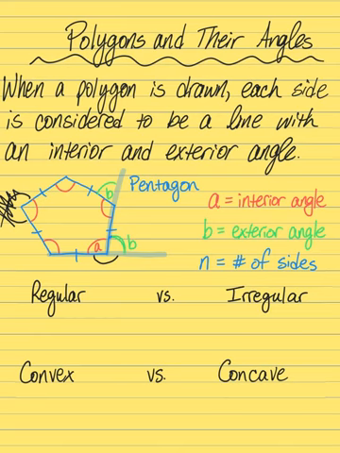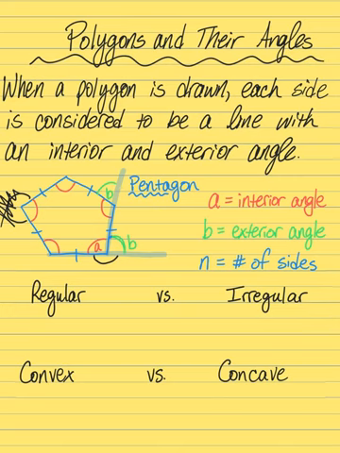So again, N is representing the number of sides of a polygon. Sometimes you'll be able to know the number of sides by the name. For example, here, pentagon means 5. Triangle, right, that tri means 3 sides. Sometimes you won't know the number of sides and you'll need to be able to figure it out. So that's what we're going to talk about today.